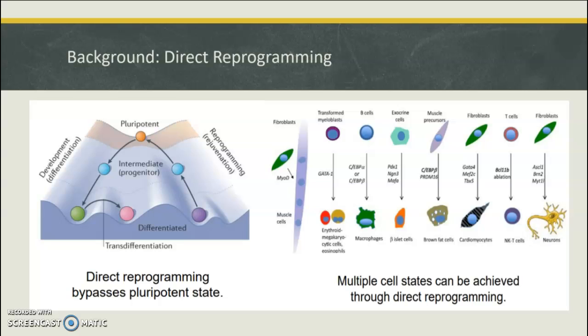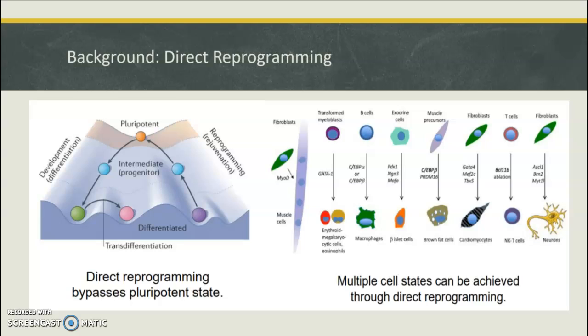So these figures below depict more on direct cell reprogramming. The figure on the left-hand side typically depicts cellular reprogramming. So as I said before, cellular reprogramming can also be called rejuvenation. So it's taking a differentiated stem cell, moving it to an intermediate progenitor state, to the pluripotent state.